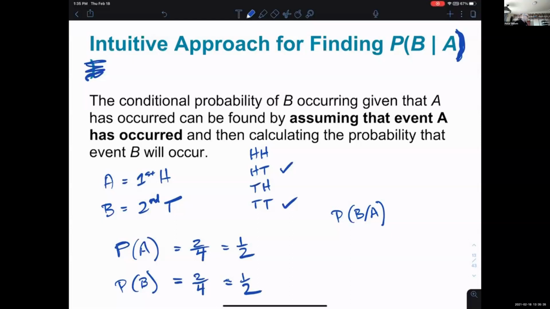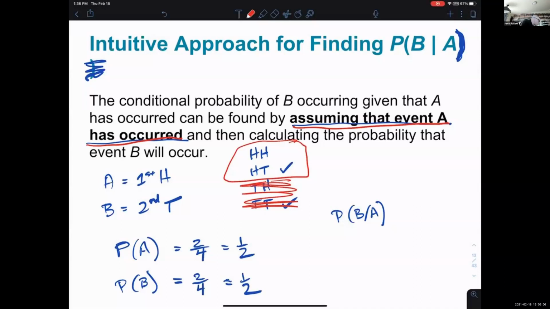So when it says, assuming that event A has occurred, that means you can eliminate for consideration all the other possible events. So what that would mean in this case is that if I assume that event A has occurred, that means I'm going to assume that I got heads on my first toss. That means I'm going to ignore not having had that happen. And that means that this is now the only thing I'm considering.